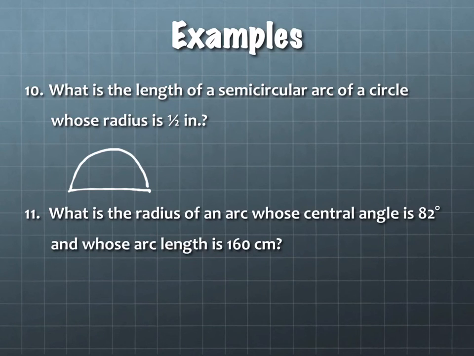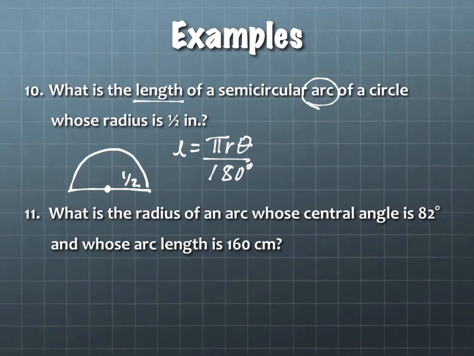It says the radius is 1/2, so I've got 1/2 for my radius. And it wants to find the length of the arc, right? Length of the arc. So what is the formula for arc length? Excellent.